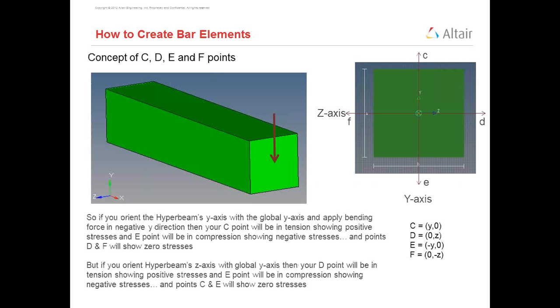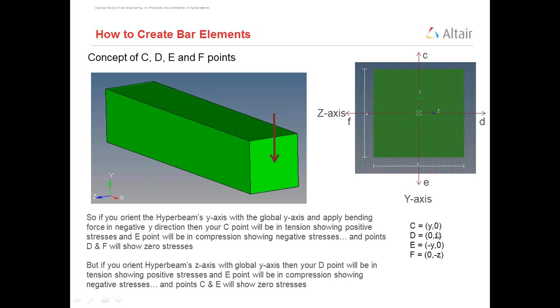The concept of CDEF point. In HyperBeam, you have seen this cross section, the square cross section I have created earlier. So this is y-axis, this is z-axis. So HyperWorks creates CDEF 4 points on which it will calculate the results if you define those 4 points. To define these 4 points, you have to define the 2 coordinates, y and z.